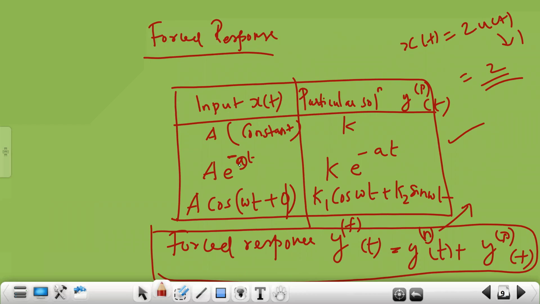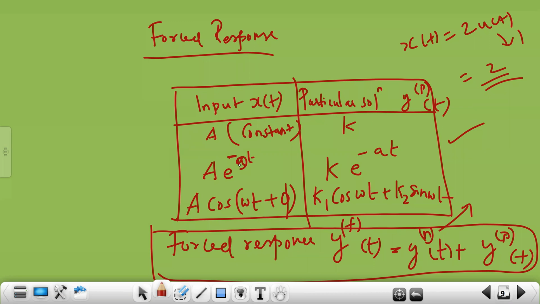Compare with your given input. One, yes. In the question, it is given x of t equal to e raised to minus t u of t. Here it is e raised to minus a t u of t. So it is understood that a is 1.